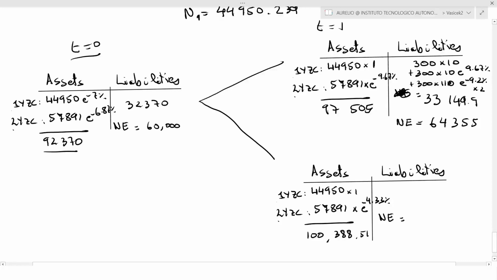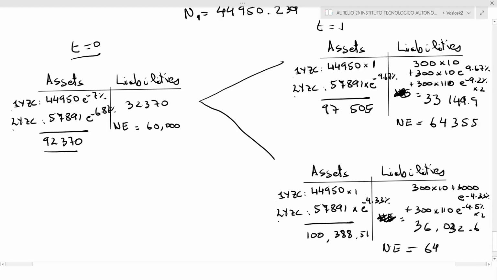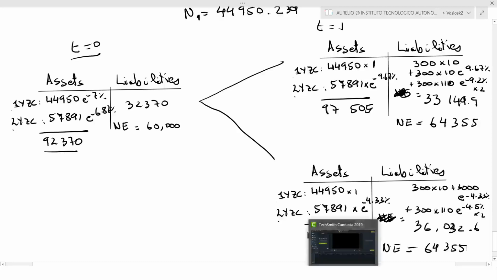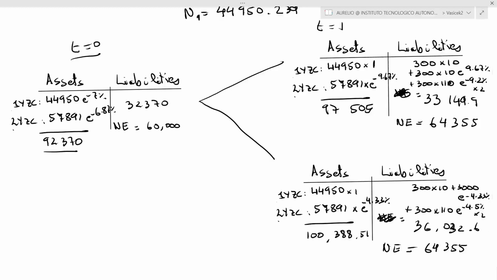And for the liabilities, now we're going to get the 300 times 10, or 3,000, times e to the minus 4.33%, plus 300 times 110 e to the minus 4.5% times 2, and then we obtain that this is equal to 36,032.6, and then the value of net equity is still the same value, 64,355. So this is how you do the immunization using the delta Vasicek for different types of securities.